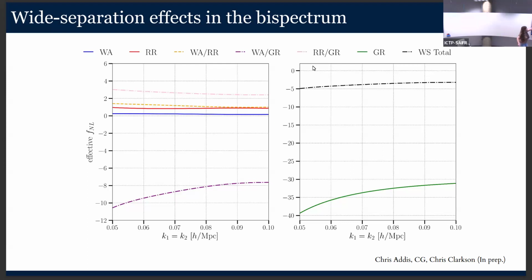For just GR, if you assume plane parallel, GR has a certain effective FNL, which is very big for the bispectrum for the specific configuration.